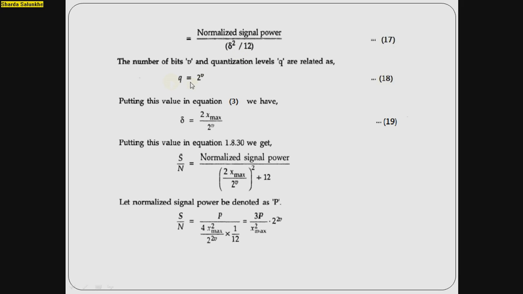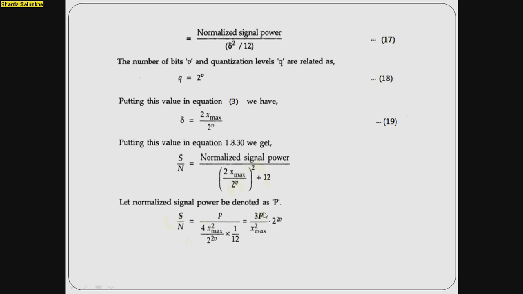The quantization levels Q is equal to 2 raised to V, and by putting these values, delta becomes 2 x max divided by 2 raised to V. This can be put into equation number 17. So you will get S by N, the normalized signal power divided by the bracket of 2 x max divided by 2 raised to V squared, divided by 12.